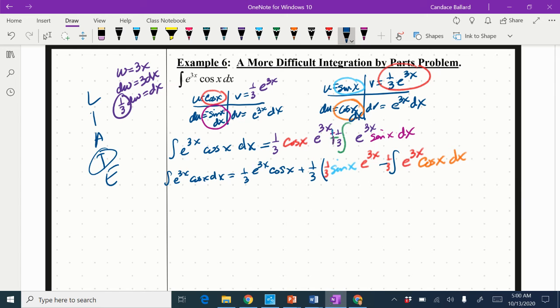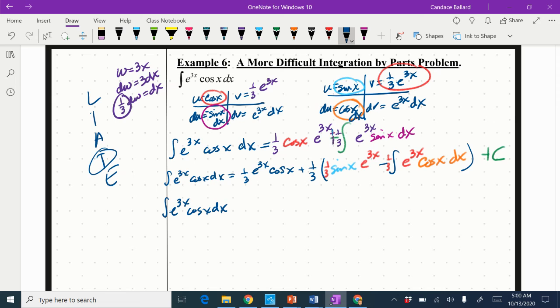All right, and then of course at the end, we are always going to have that good old plus c at the very end. Technically I haven't finished yet, but just know that it's hanging out there. But I'm really close. So I'm going to distribute that 1/3 in, and then I'm going to show you something really interesting about this. We've got the integral of e to the 3x, because it looks like I'm just going to keep cycling, right?